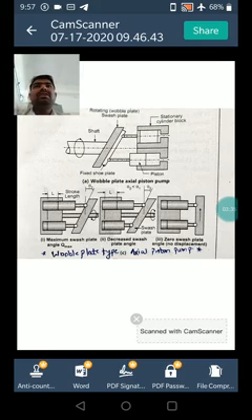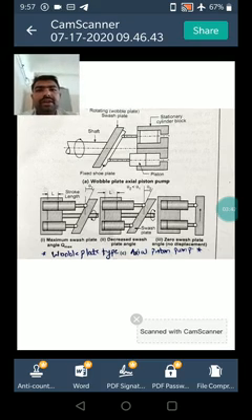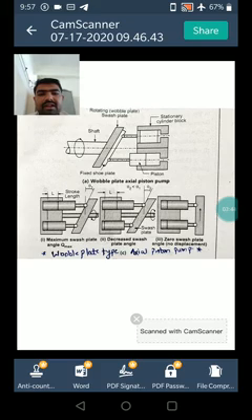The figure shows a typical diagram of the wobble plate axial piston pump, as shown in the figure. Then we can say that this is the working of the wobble plate axial piston pump.